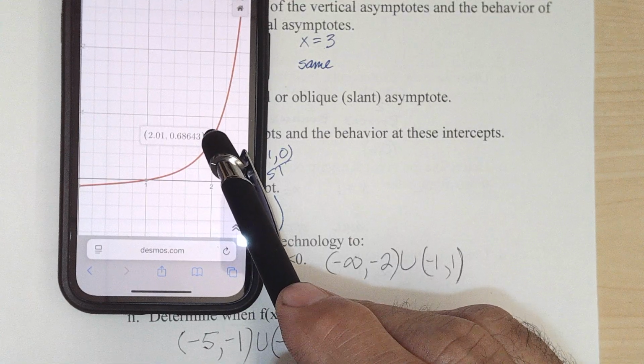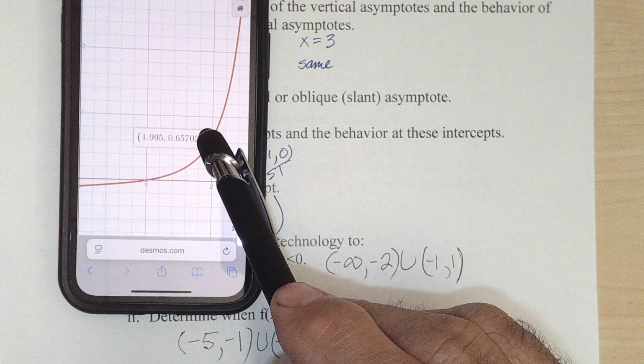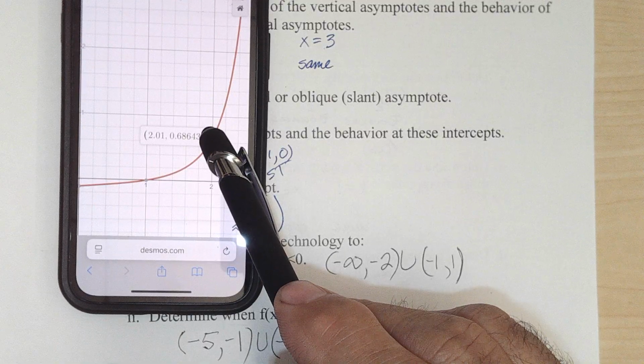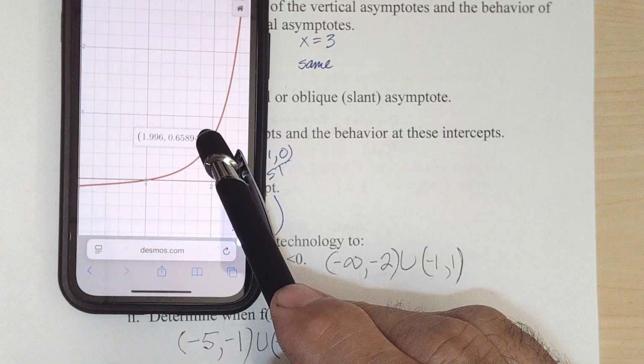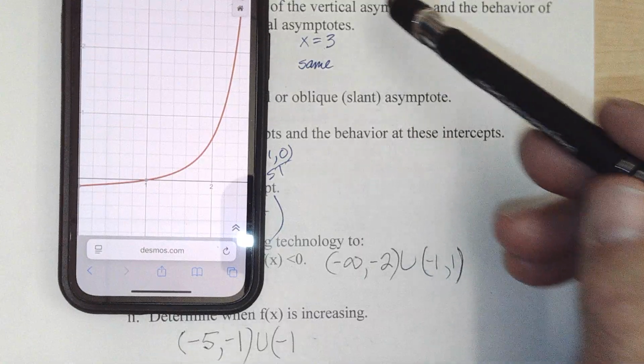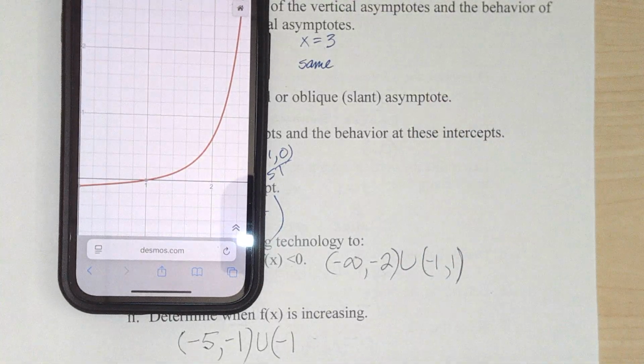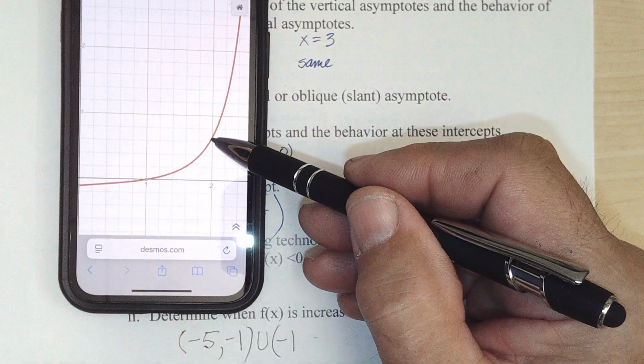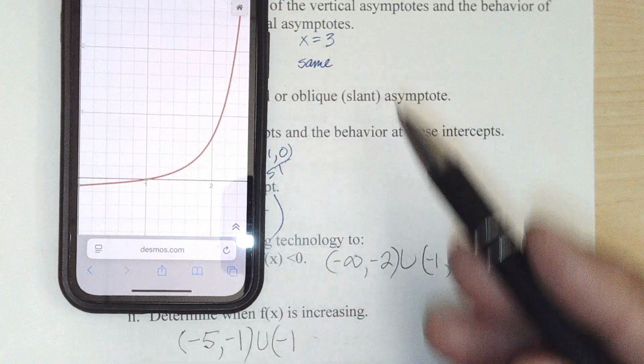It's hard to see holes. There it is. 2 is undefined. Just either side of it, we're at about 6.77, 2/3, 0.677. So at 2, this graph disappears for just that one point.